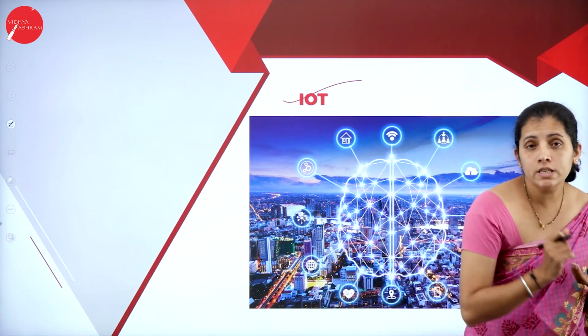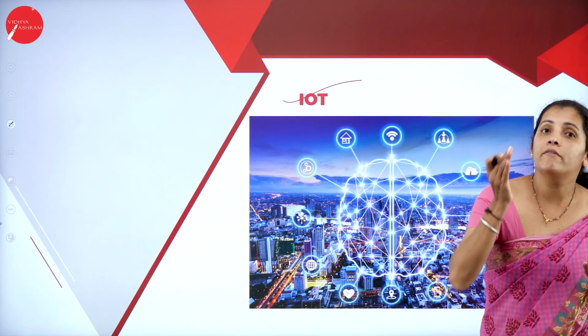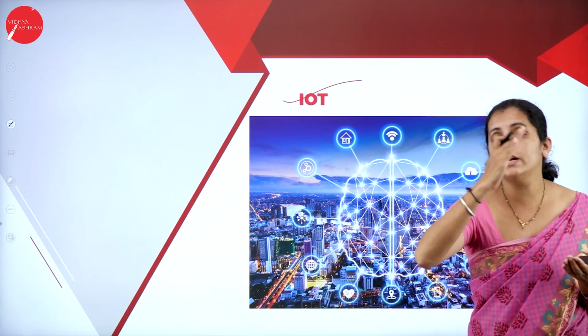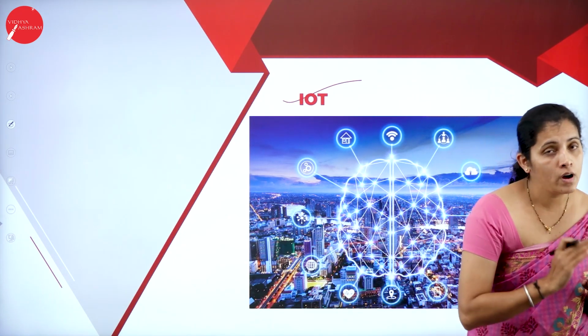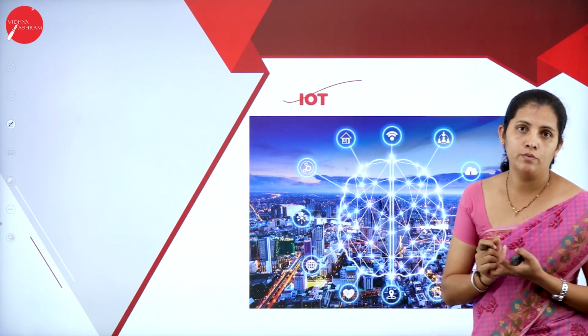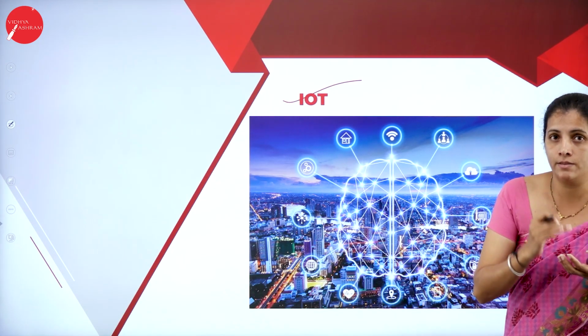So how to justify it is Internet of Things? That means you have an electronic device, and suppose you want to operate the electronic device from far away, that can be achieved by using IoT. That means in IoT we are going to have a sensor.